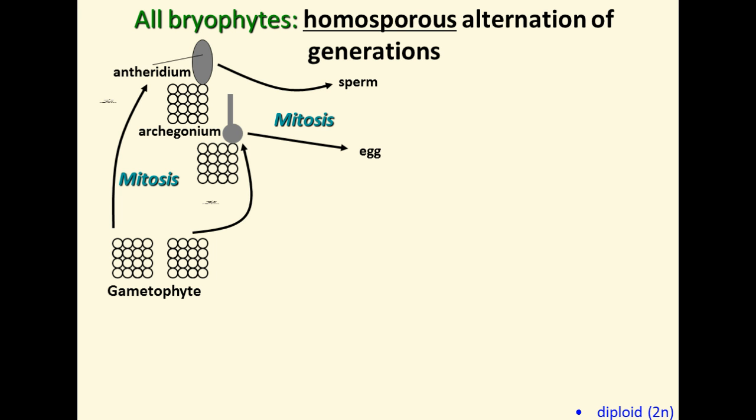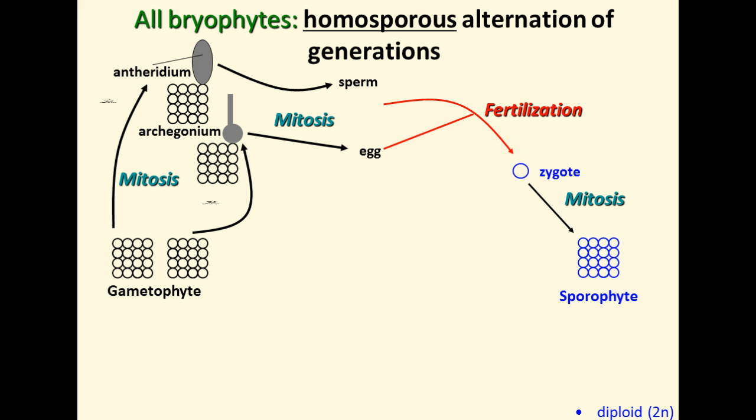It has to be mitosis, right? Because it's already haploid. And then fertilization occurs, and that's when you produce a diploid zygote. That diploid zygote is going to grow into the sporophyte, which is actually what we were seeing growing off the top of those little tiny reproductive structures.